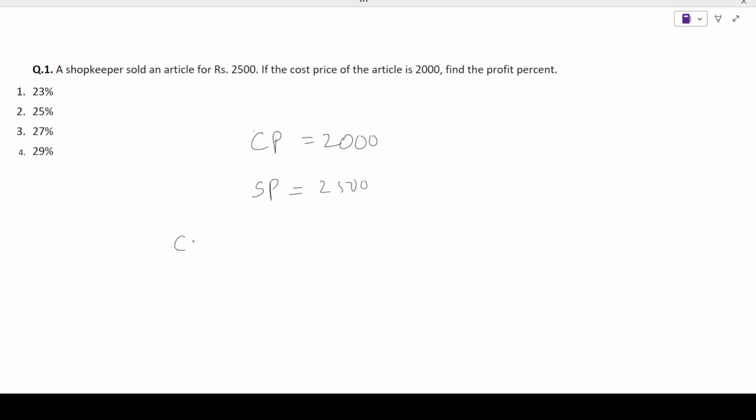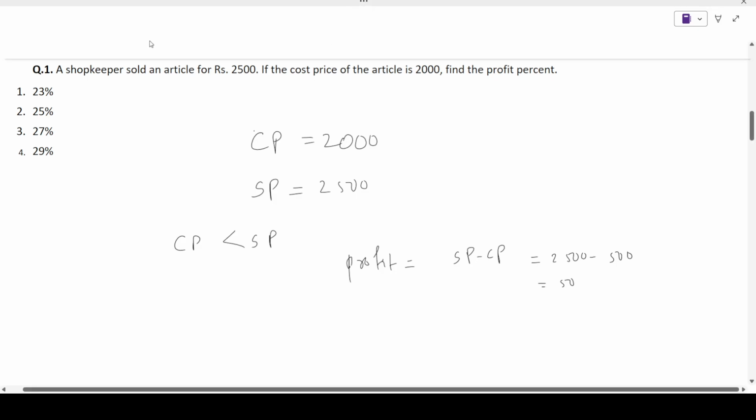We can clearly see that the cost price is less than selling price, which means profit will be earned, and the value of this profit is selling price minus cost price, 2500 minus 2000. So the profit turns out to be 500.